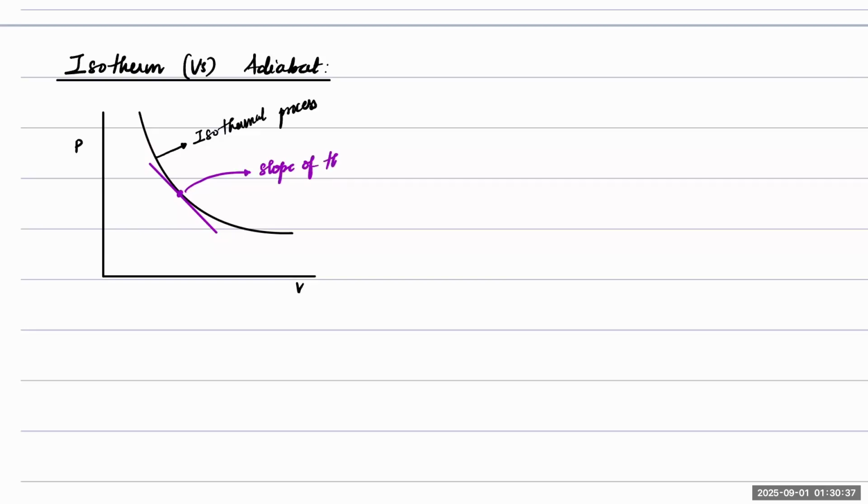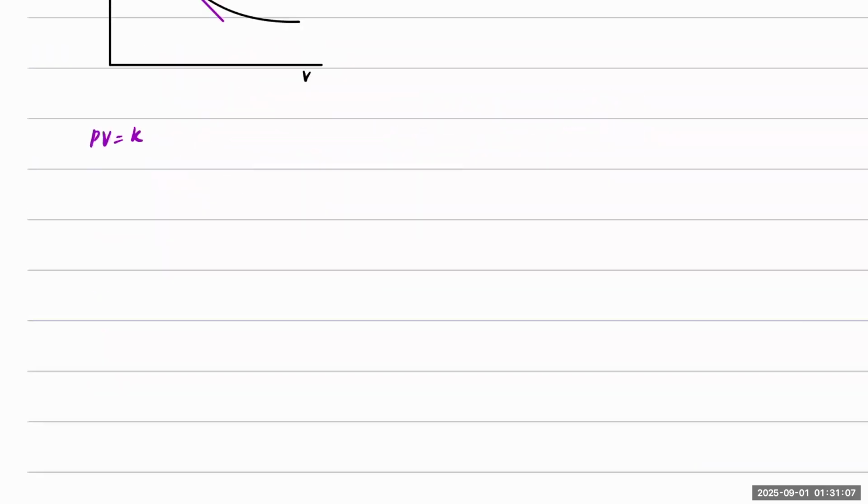that is what we call the isotherm. And how do we represent it as dP by dV, isn't it? So suppose we have PV equal to constant, then if I differentiate this, what do I get?